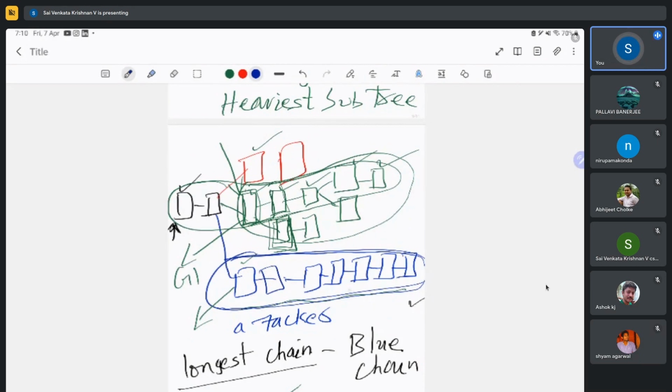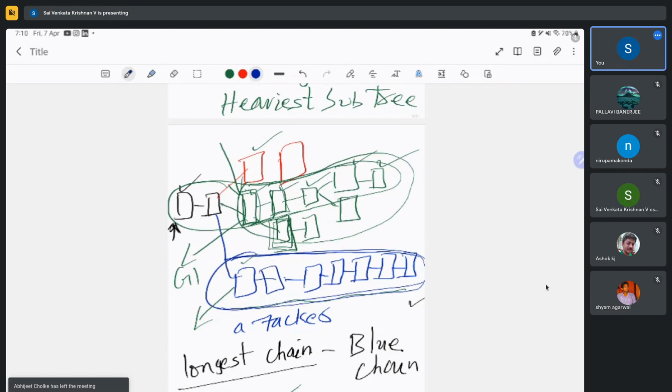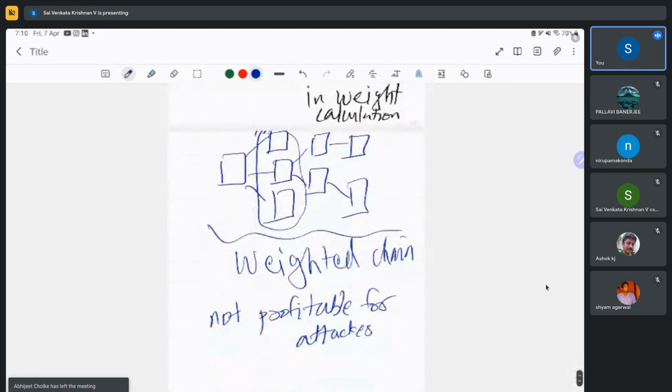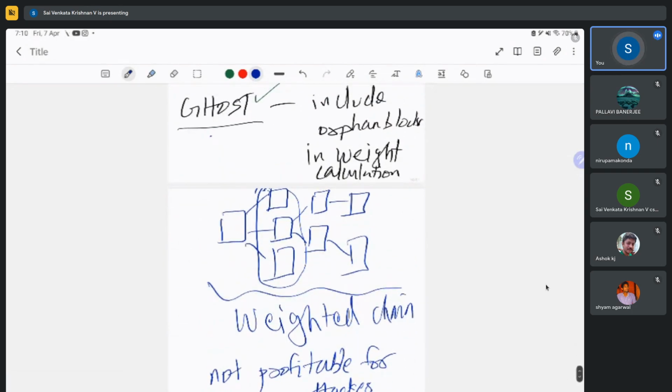So like 7 blocks he has added, so he will get 7 into 12.5, around 84 bitcoins for sure. Whereas in this weighted chain scenario following the GHOST algorithm, he would get rewards only out of this chain structure. Only one chain would be the longest chain in this actually.